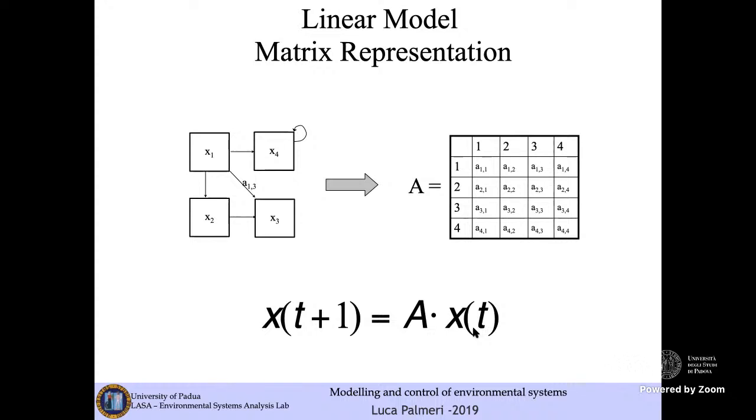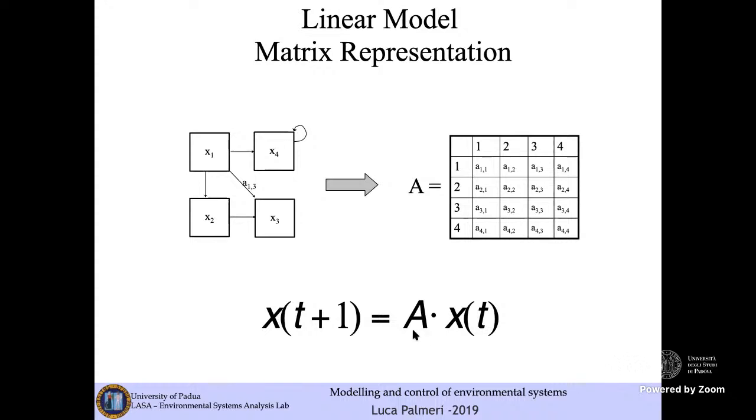Please note that this is a product in the algebra of matrices. This means that it is a product between a matrix and a vector. So this is a row by column product that you may have seen several times during your student career.